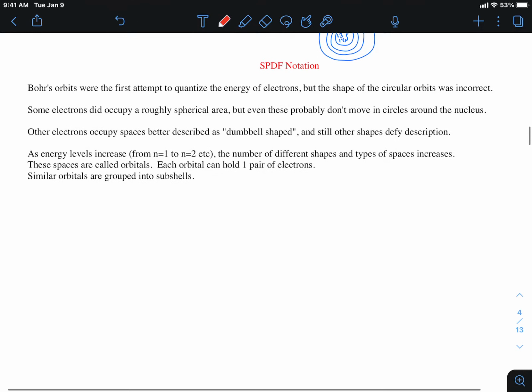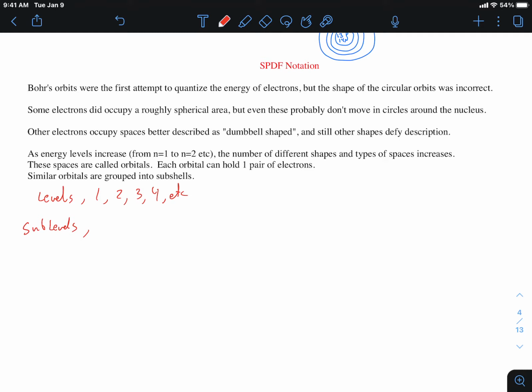So it turns out that in the atom, each energy level is broken up into different kinds of spaces. There are levels 1, 2, 3, 4, etc. But then there are what we call sub-levels. And there's different types of sub-levels.